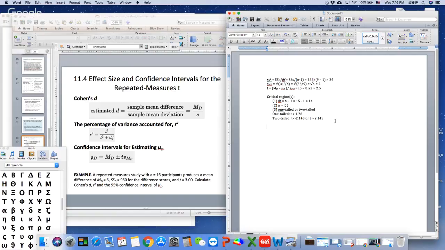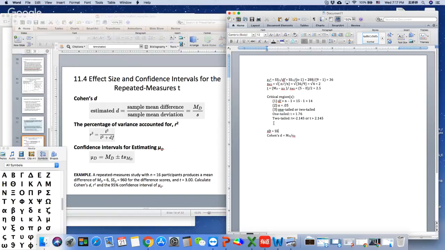So first, we compute the Cohen's d, which equals the MD divided by the SD, right? So we need to compute the SD first.